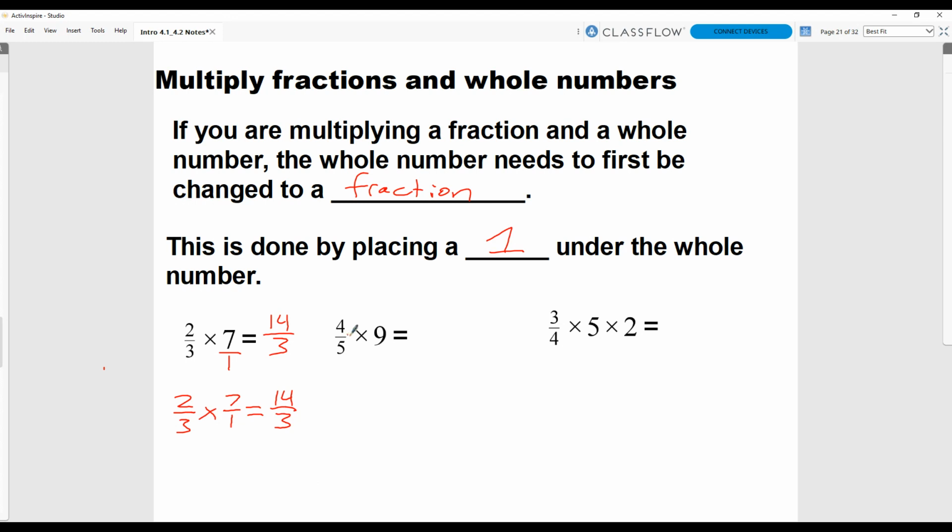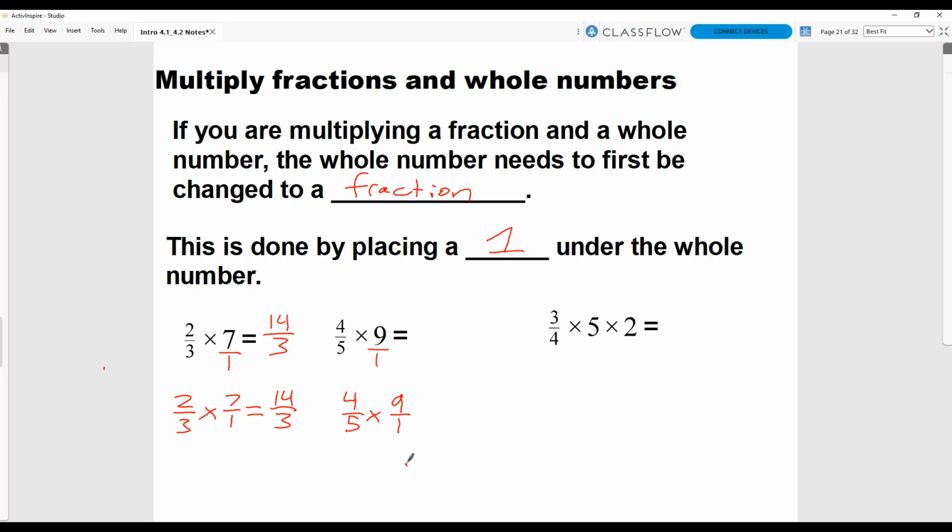All right, let's check out our second one here. We got 4/5 times 9. We need to change 9 into a fraction. First, stick a 1 underneath of it so you can change it into a fraction. All right, and then like I said, I don't like how it's just not really lined up as well. So visually, I like to rewrite it just so I can see what I'm working with.